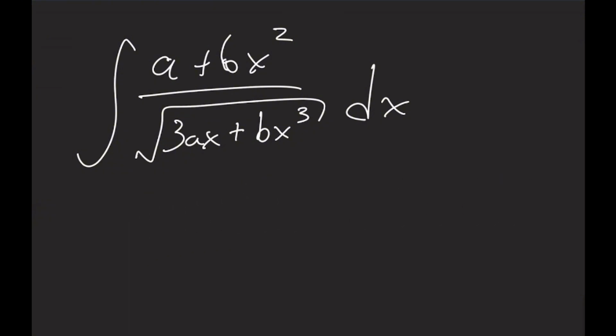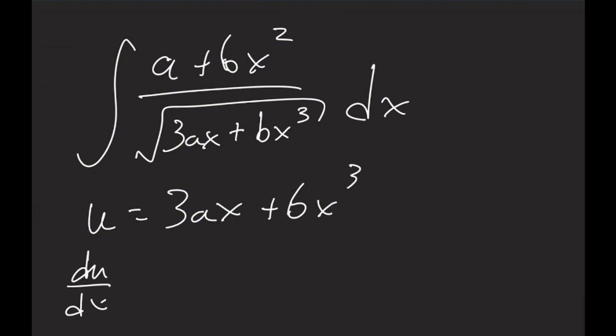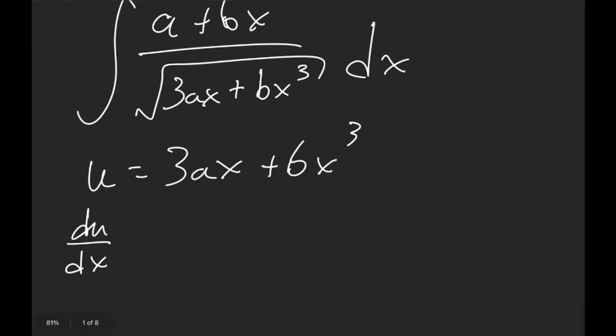But we also have to look for a present antiderivative. So a good thing to notice is that if we say u is equal to 3ax plus bx cubed, right, and we differentiate this, we have du. 3a is just a constant, so it's going to be 3a, and then plus b x cubed, and the way we differentiate this is we use the power rule.